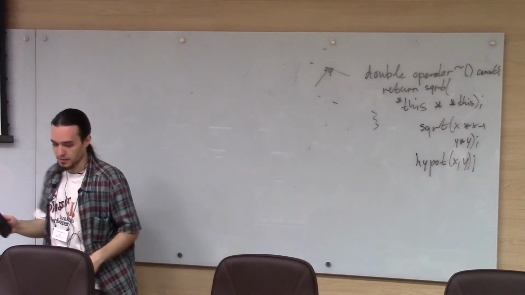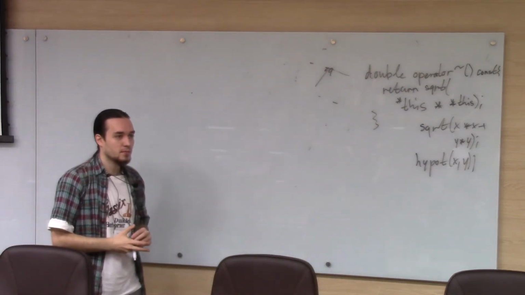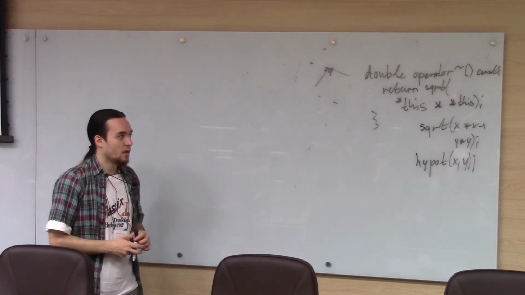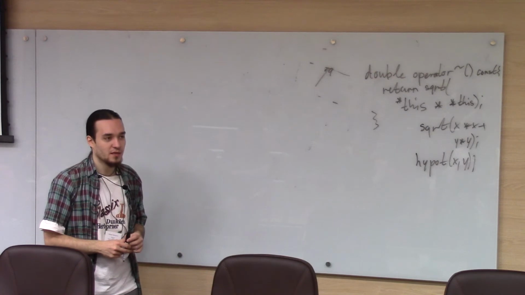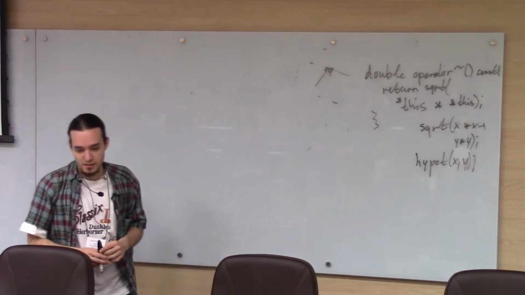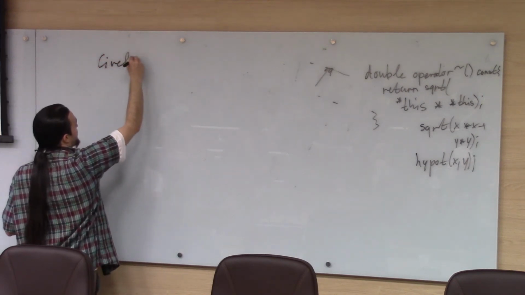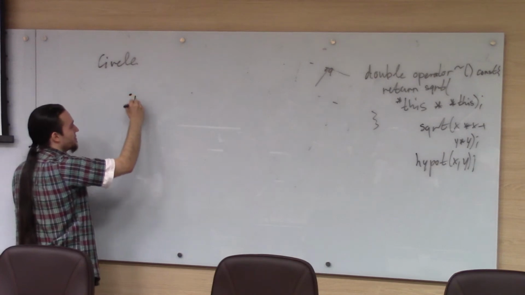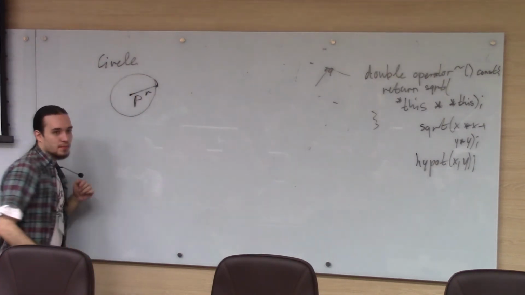So the other common object is the circle. The circle is defined by a point and the radius.